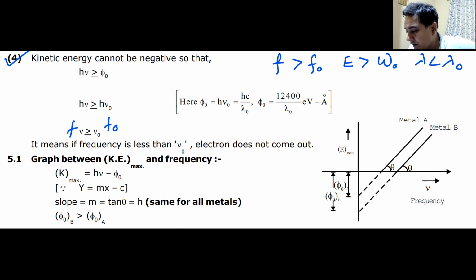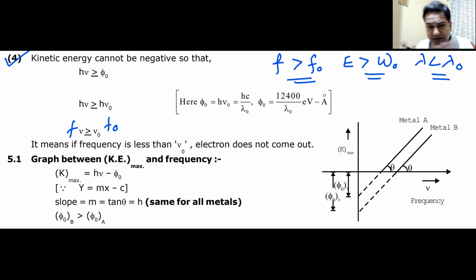As I told you, whenever you come to class, you must see what you have done in the last class, else this class gets flushed off. Emission of electrons will only take place if the frequency is more than threshold frequency. Do we recollect it now? That is the last point which was discussed.